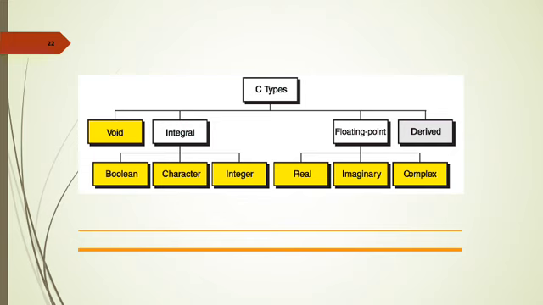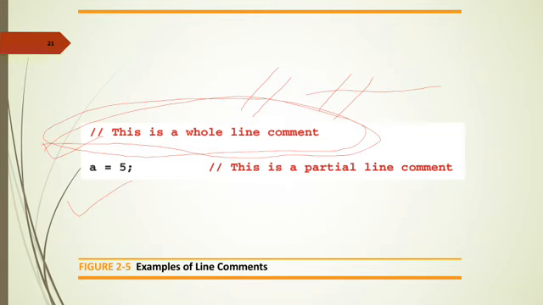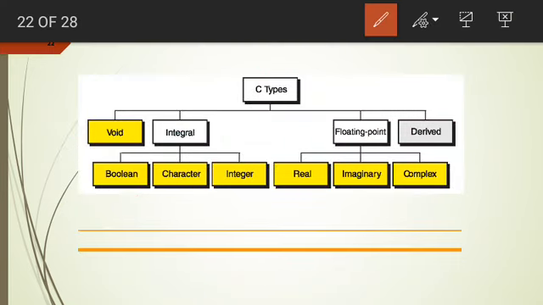Now you have to focus on the main thing, that is C's different types. C has different types, like void means nothing, and integer. When you have to handle numbers, then you will give the integer types.